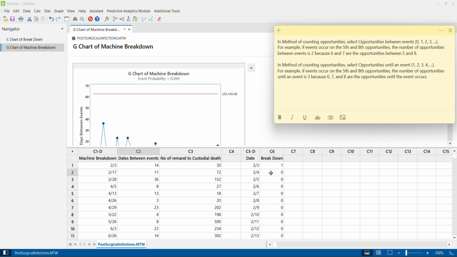For example, to make it very simple, if an ID is given to the first person who gets remanded as number 1, and then the next person as number 2, number 3, and the 30th person who got remanded, unfortunately, has a custodial death, the 30th person's ID will be called the person who met with a rare event.